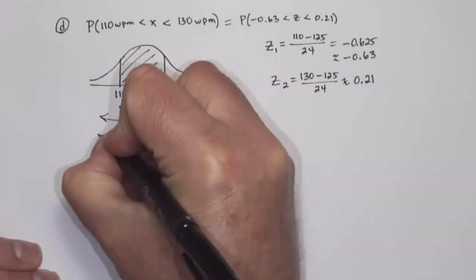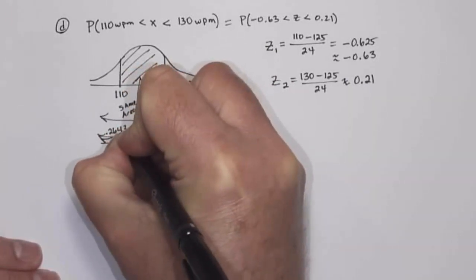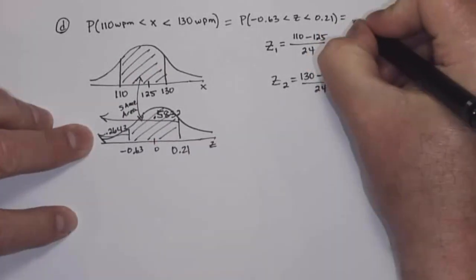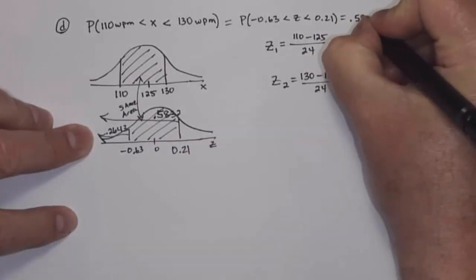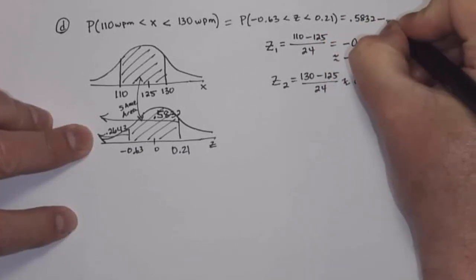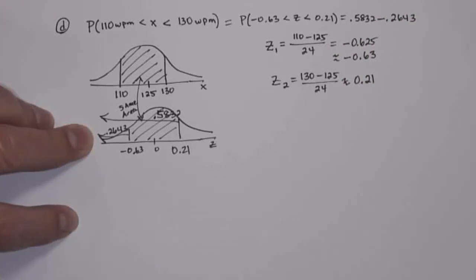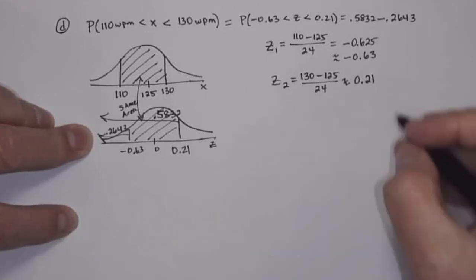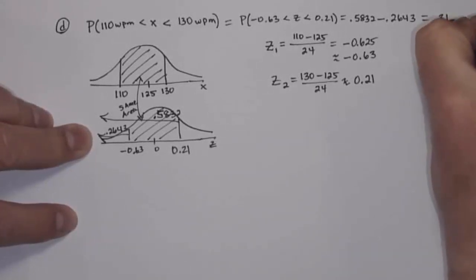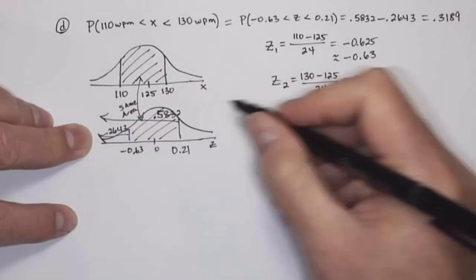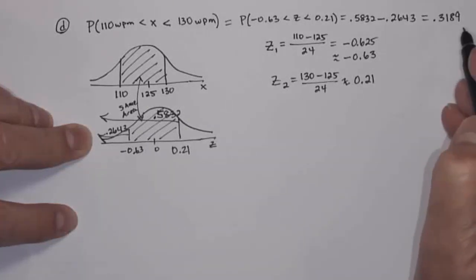So this area is 0.2643. So our area in between is going to be 0.5832 minus 0.2643. And 0.5832 minus 0.2643 is 0.3189. These two areas are 0.3189, and so that is our probability.